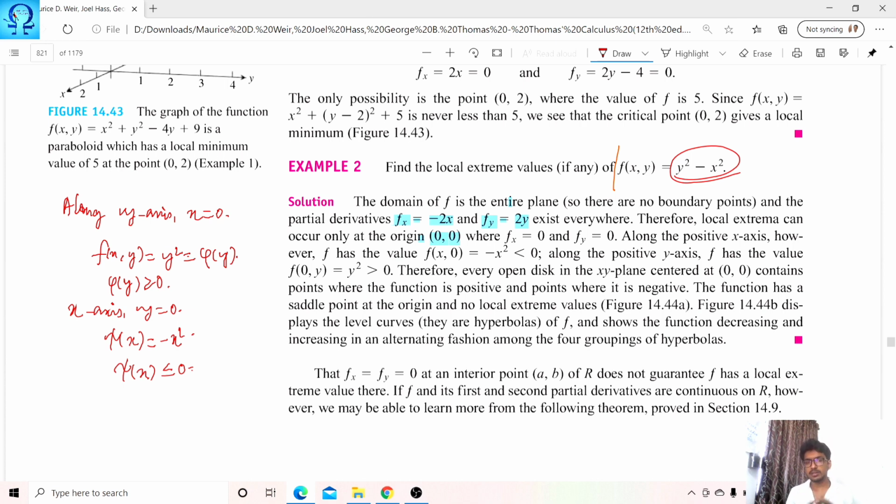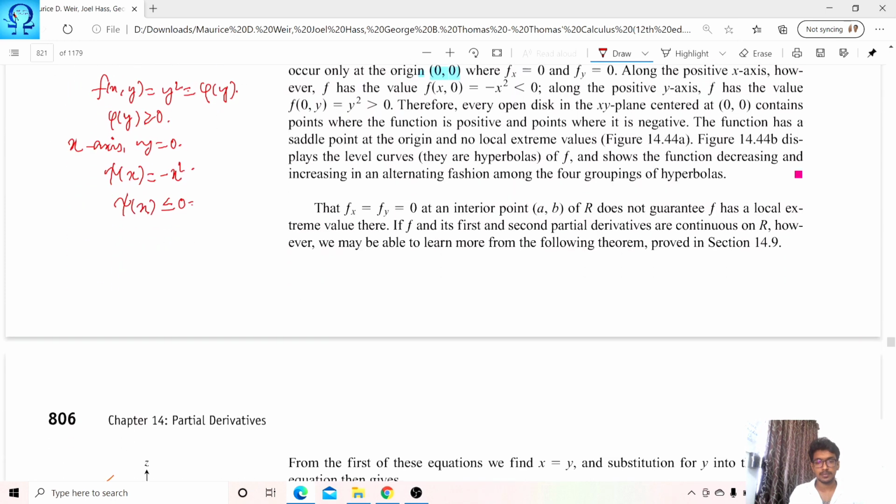But when I combine these two things, there comes the problem. Because one function cannot possess any minimum value and the other function cannot possess any maximum value. When I combine these two things, it cannot give me either maximum or minimum. So the point (0,0) here is a saddle point.